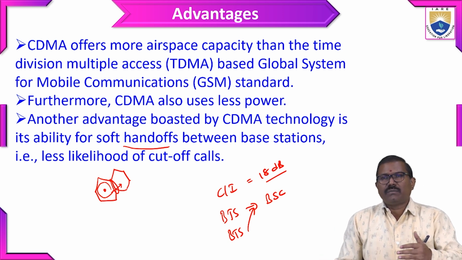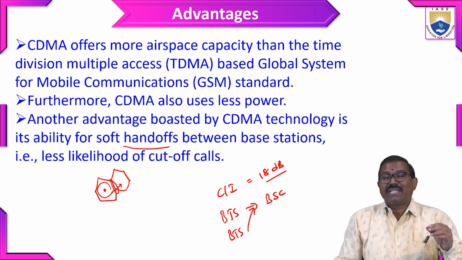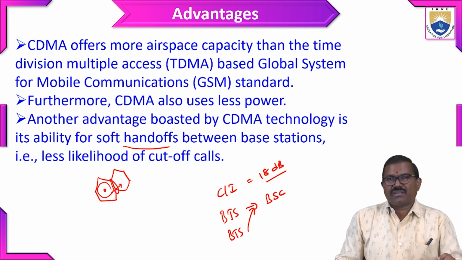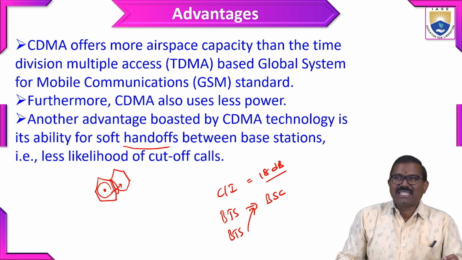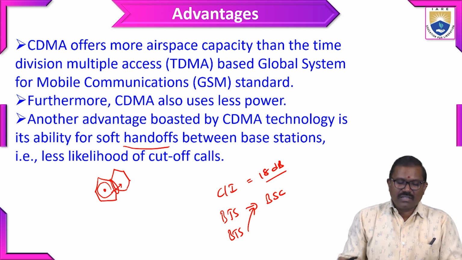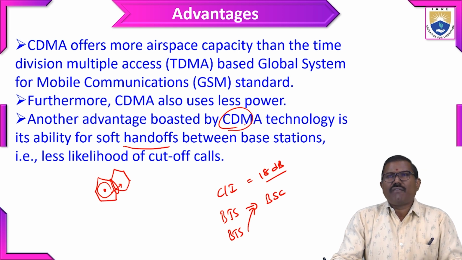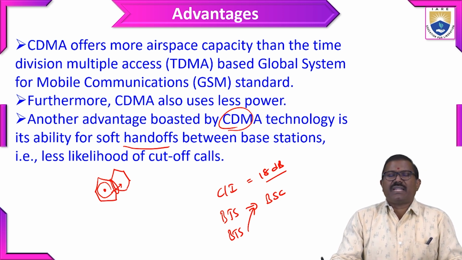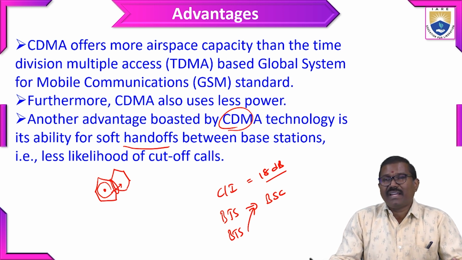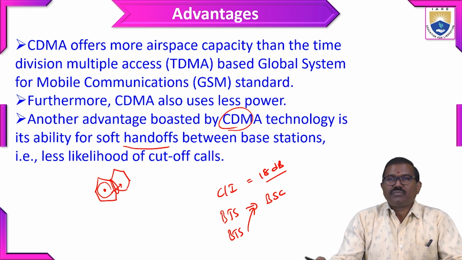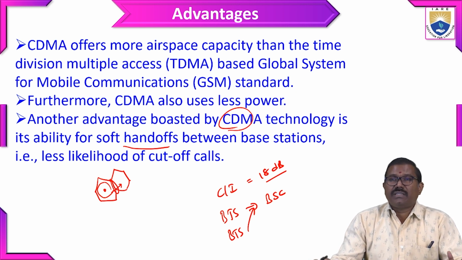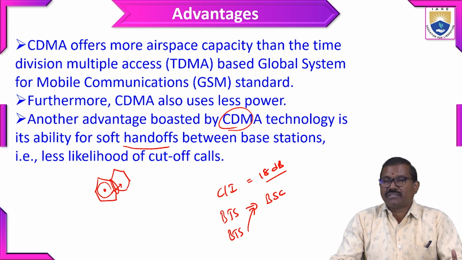Such handoffs are easy in CDMA. That's what I'm saying: the strength of CDMA technology is its ability for soft handoffs between base stations, so that a user doesn't notice when this total job is done by the BTSs or base stations.